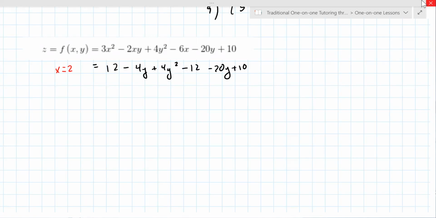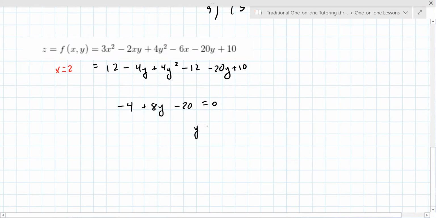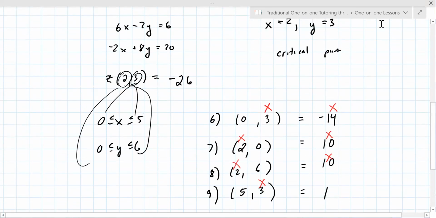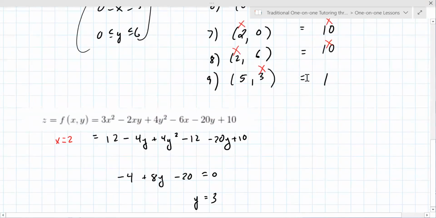So the constants don't matter, but it's minus 4 plus 8y minus 20 equals 0. And so that ends up being y equals 3. But we already knew that. Didn't we already know that? So why are we doing that here?